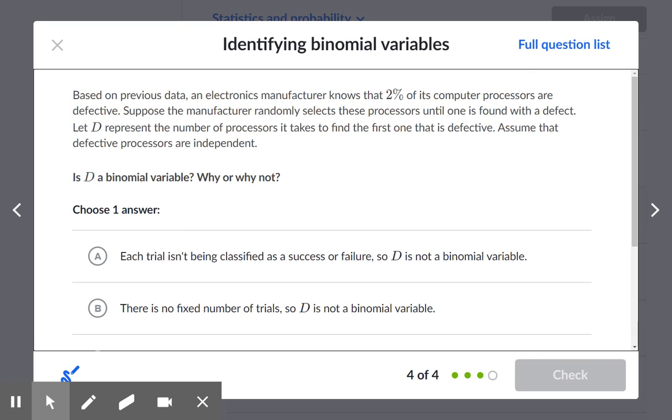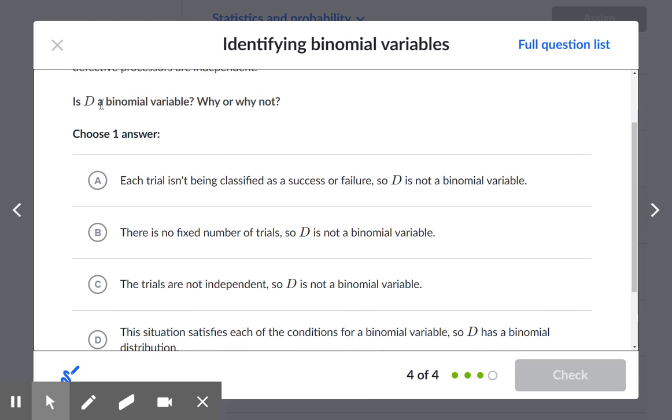That doesn't sound like a binomial. It sounds like a geometric. In a geometric, the number of trials is not fixed. You continue until the first success comes about. So here it's not binomial because the number of trials is not fixed.